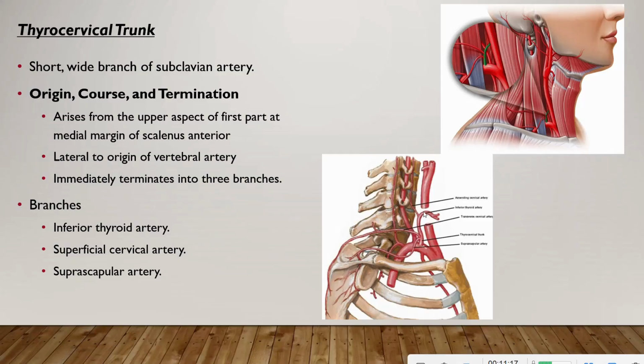And from the inferior thyroid artery comes the ascending cervical artery. These are the branches from the thyrocervical trunk. So you can say either the superficial cervical artery or transverse cervical artery, then the suprascapular artery and the inferior thyroid artery. All these are the three branches from the thyrocervical trunk.